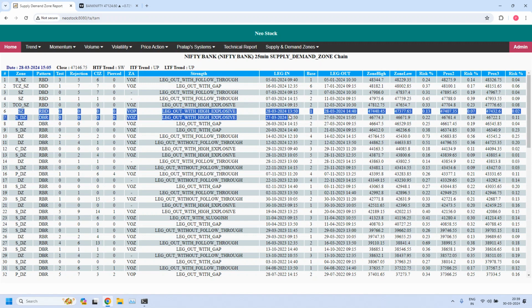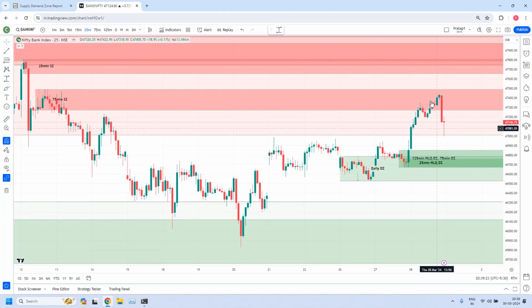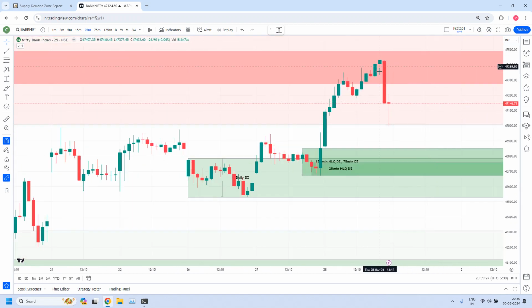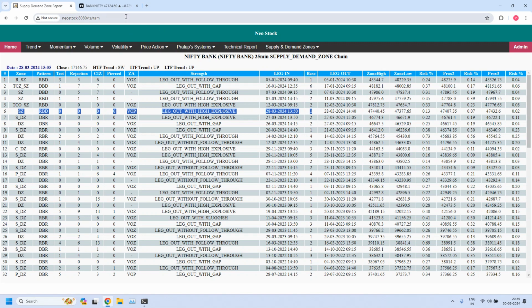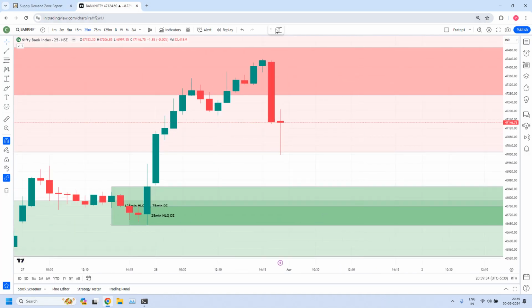You have one supply zone here, 28.3, 14.50, 13.50, 14.50. One base candle. This is a fine-tuned zone inside this.